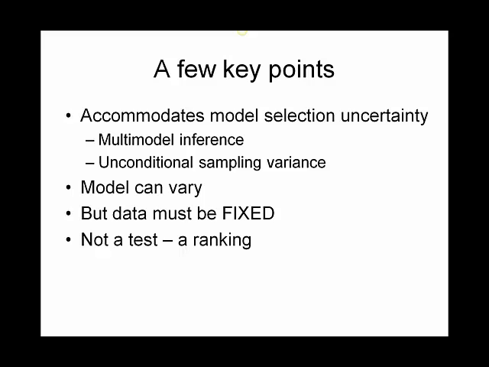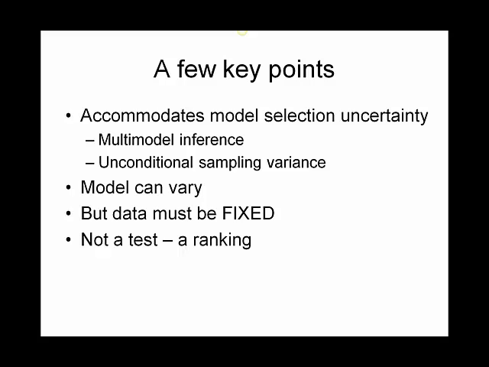A few key points that we want you to recall about this model selection using AIC. The key improvement over many other forms of model selection is that it allows us to accommodate model selection uncertainty. So the most important thing to remember is all of these estimates, all of these quantities, even the AIC value itself, are statistical estimates, which means we're not certain about those values. They are estimators.